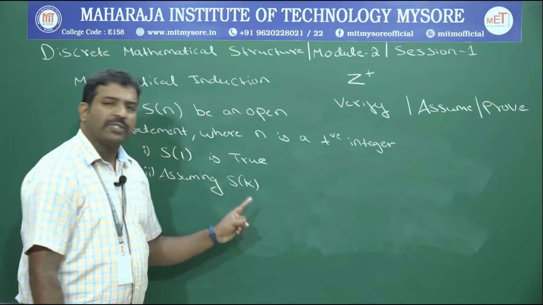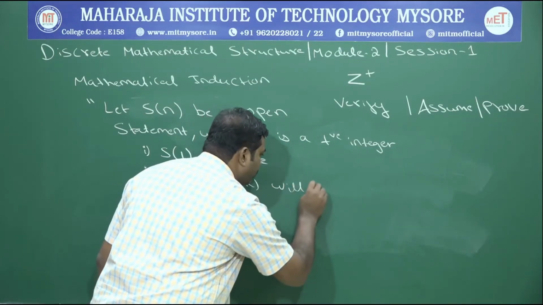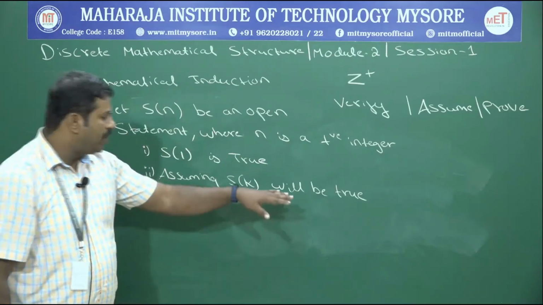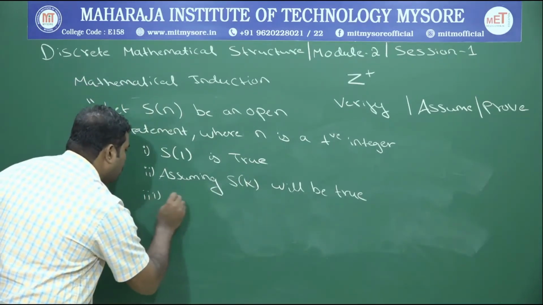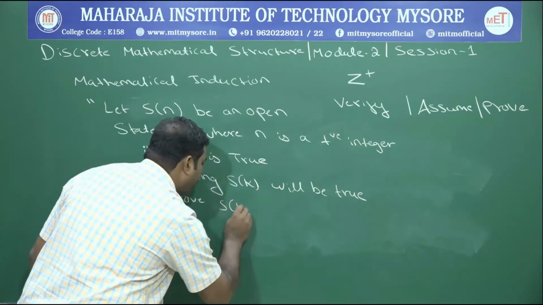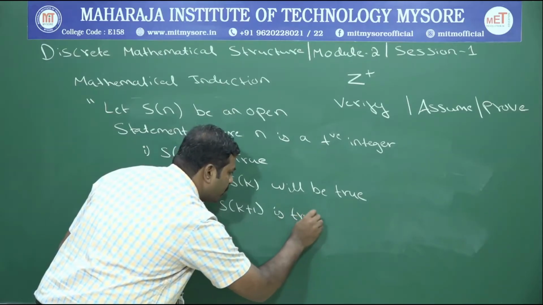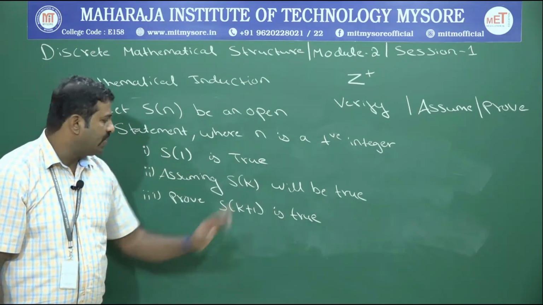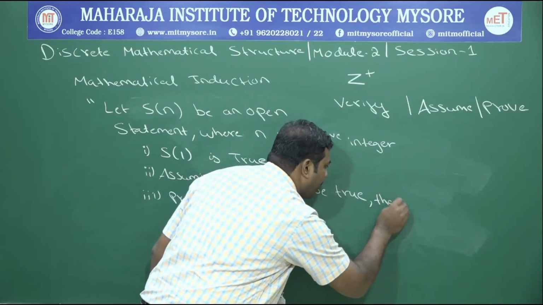So assuming S of k is true, I am going to now prove that S of k plus 1 is true. Fine. So then prove S of k plus 1 is true, or else I can even include the statement as then.